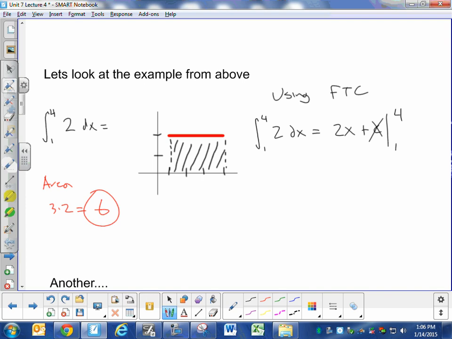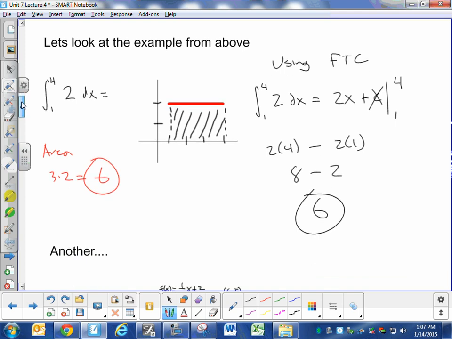Well, to find the change, it's just your antiderivative at b minus your antiderivative at a. That'd be 2 times 4 minus 2 times 1. 8 minus 2, 6. This area, calculated geometrically, is equal to the change in its antiderivative. Okay? So that's how we work this.